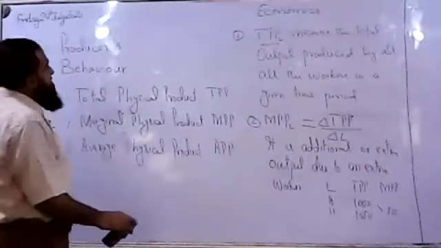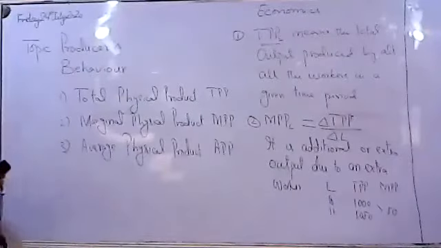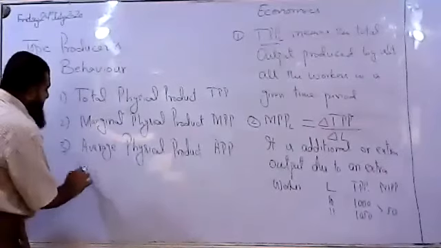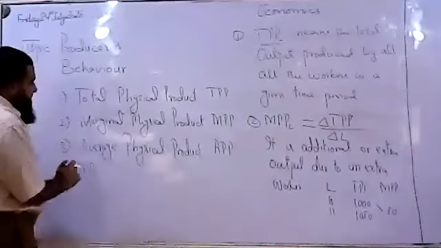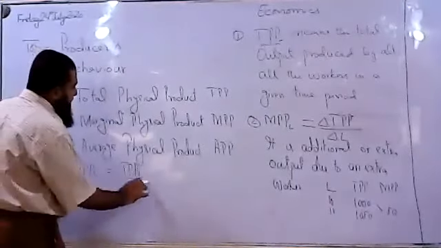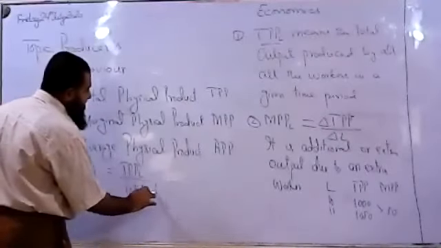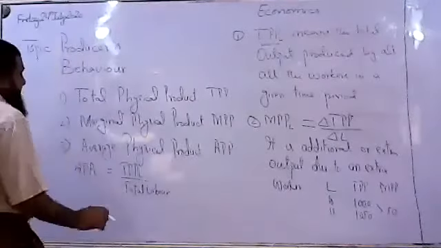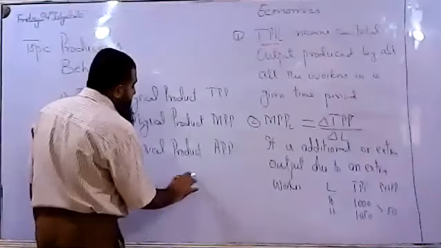Now, what is meant by average physical product? We can use the same area where average physical product is written. Average physical product is also in a given time period. We say average physical product means total physical product of labor over total labor, per period of time.